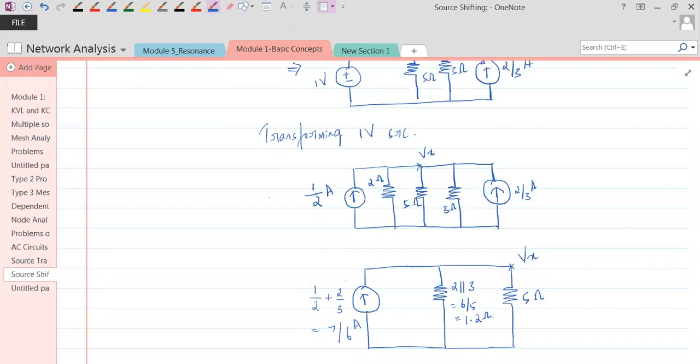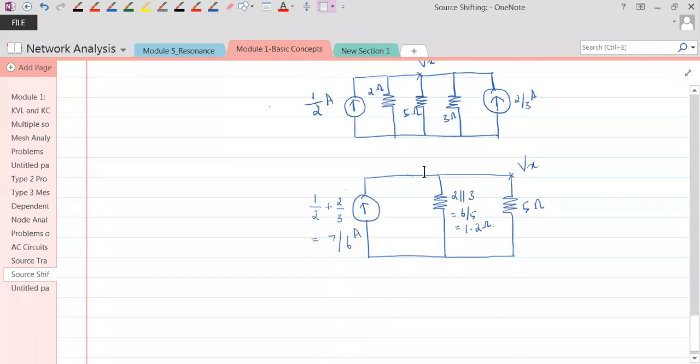Now, what would you do to find out Vx? So now we can apply KCL here. Here we are finding out Vx, right? So what is the voltage here? Here also it is voltage Vx. So you can say this is node X. Okay.